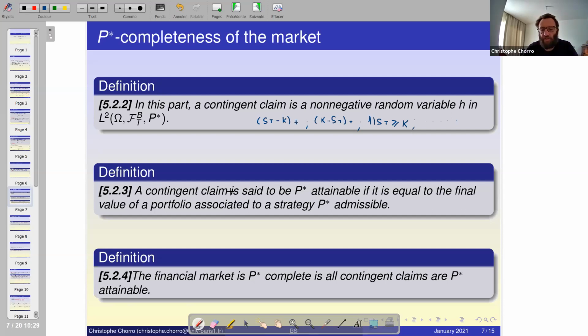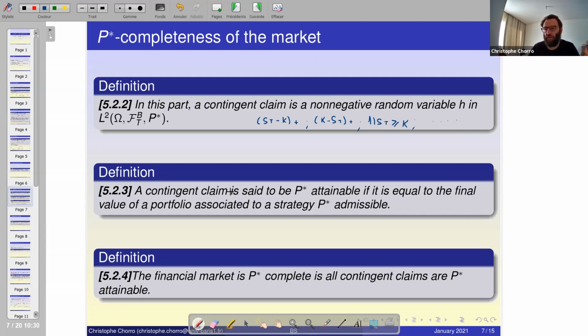And we say that the financial market is P star complete if all the contingent claims are P star attainable, meaning that I can obtain all the contingent claims of definition 5.2.2 from a P star admissible financial strategy.